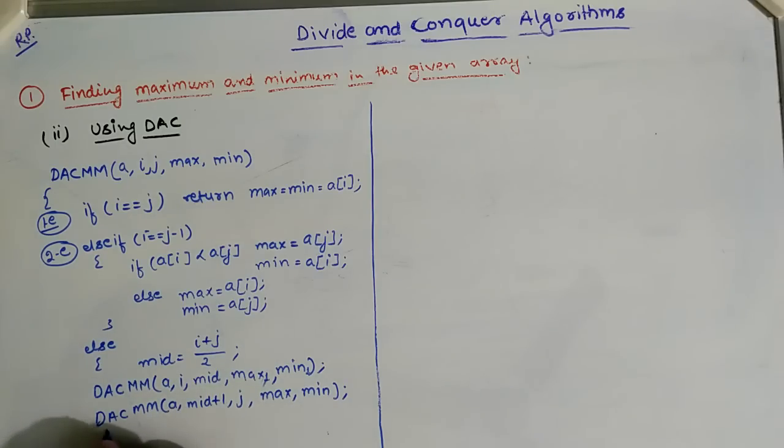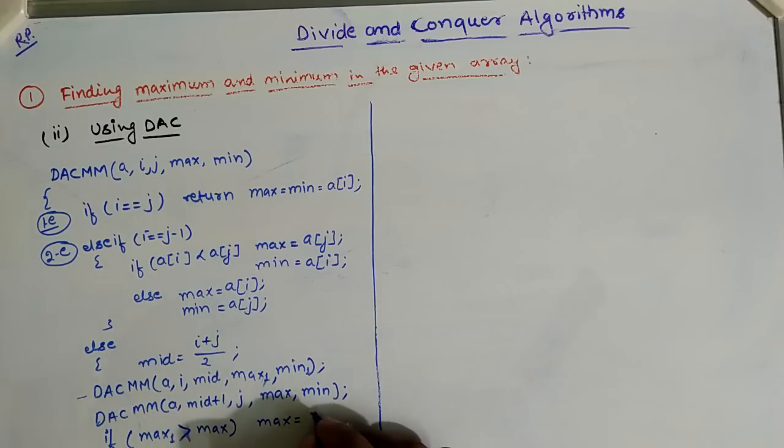So for that I just put an if condition: if the maximum element returned by the first recursive call is less than the maximum element returned by the second recursive call, then your max would be, so suppose if max 1 is greater, then max would be max 1.